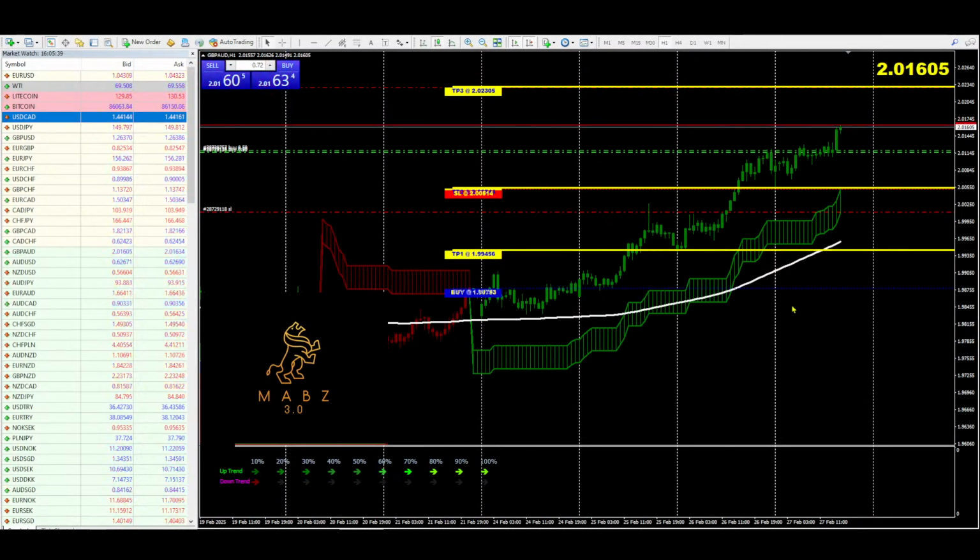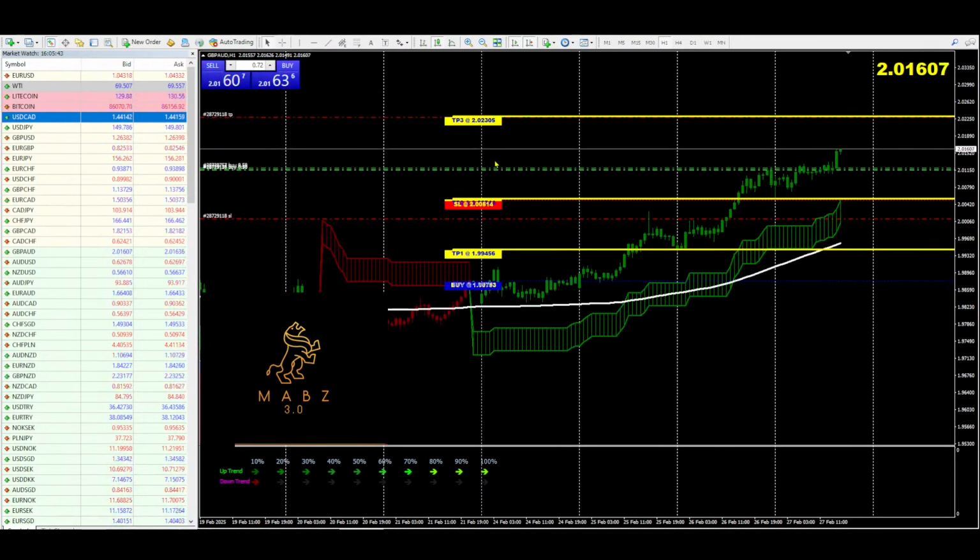Okay, guys, remember earlier we took a signal on the GBP AUD. Right now it's going for TP3. The reason we got into this trade is because the price was above the 100 period moving average, and you can clearly see that the market is in an uptrend.